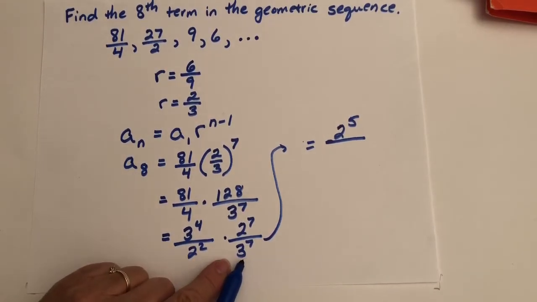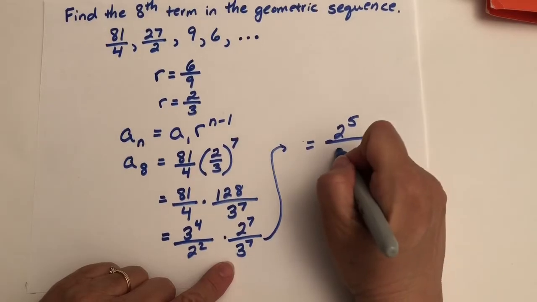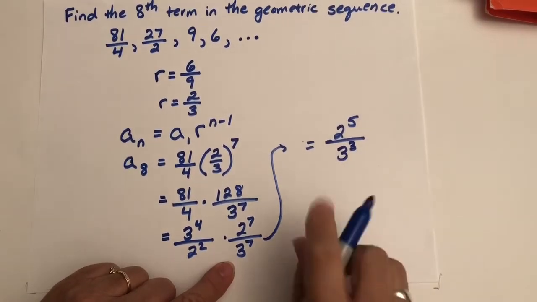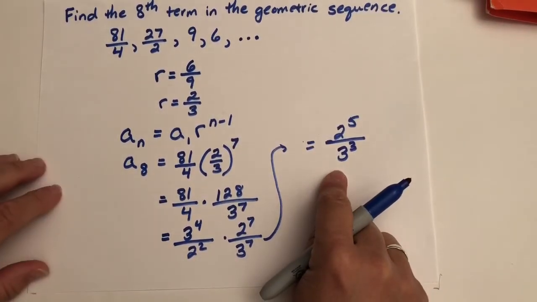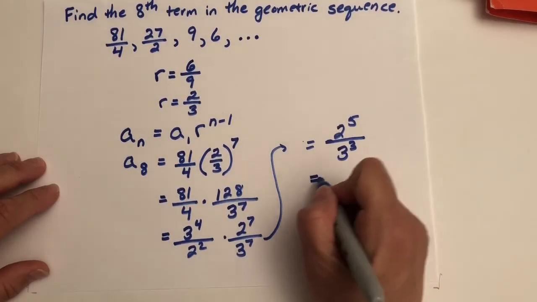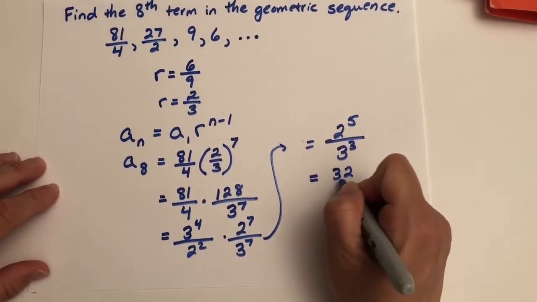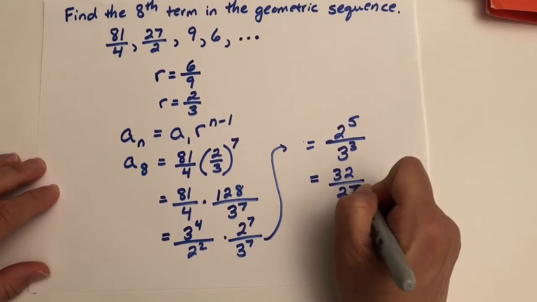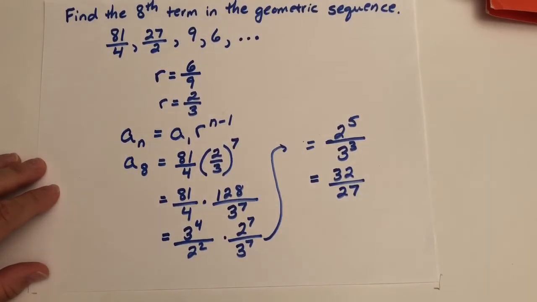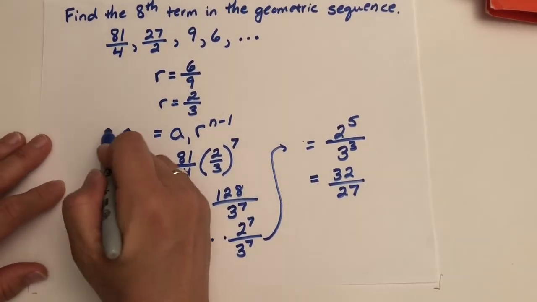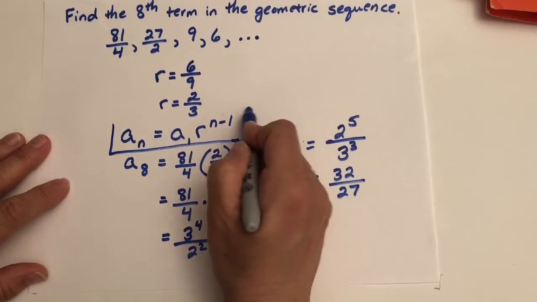When I do the canceling there, I will be left with just 3 factors of 3 in the denominator. And when I reduce, I have 32 over 27. And I now know the 8th term in the geometric sequence by just using this particular formula.